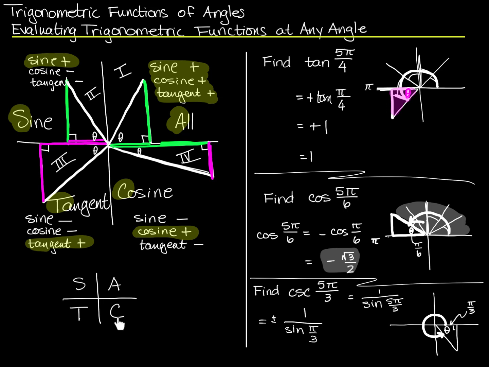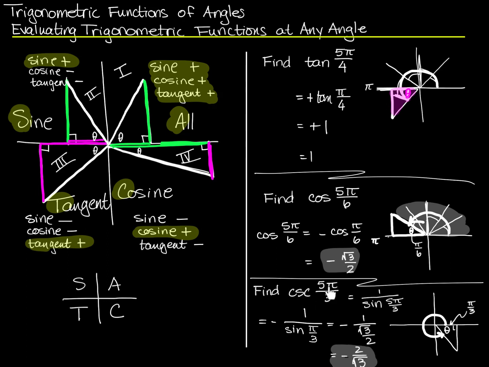That means that in quadrant 4, sine is negative. So I can erase my plus, and I'm left with negative 1 over the sine of pi over 3. Looking at my chart, I can see that the sine of pi over 3 is the square root of 3 over 2. 1 over the square root of 3 over 2 is 2 over the square root of 3. So my answer is negative 2 over root 3.